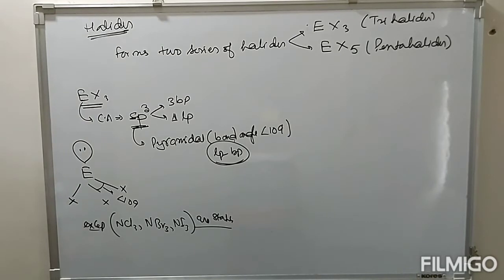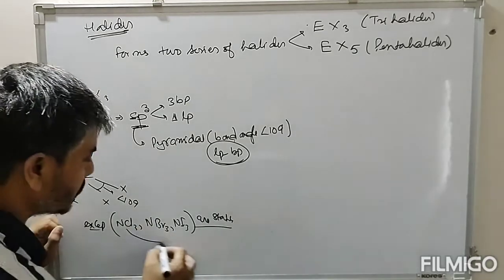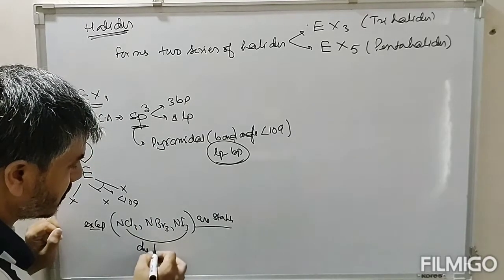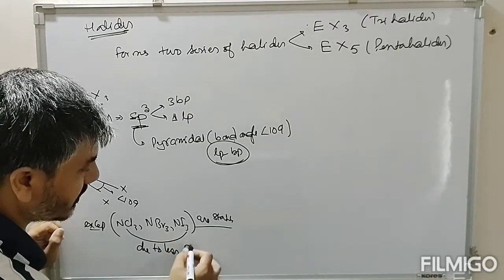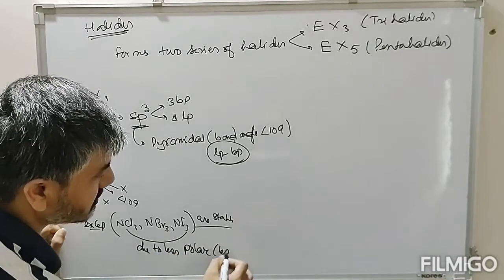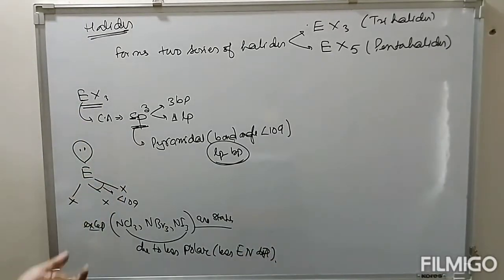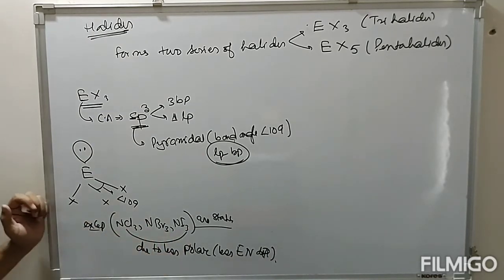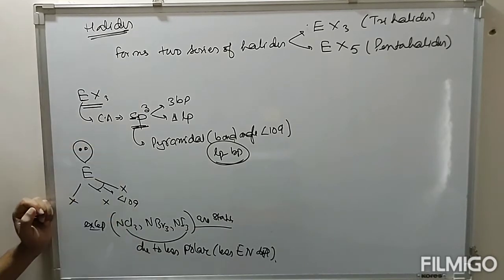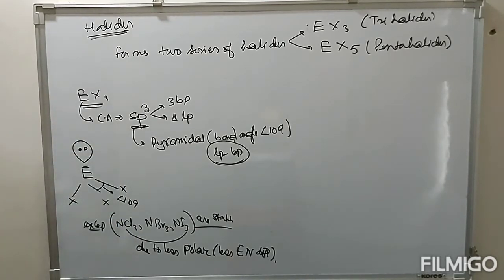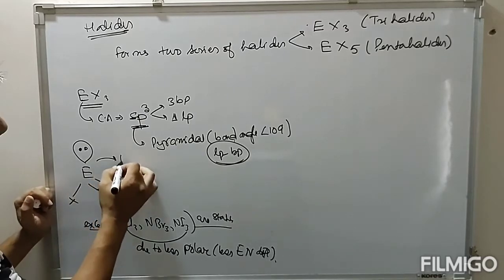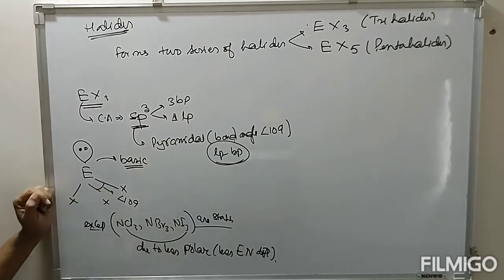So the instability of these three halides of nitrogen, that is NCl3, NBr3 or NI3, is due to less polar character or less electronegativity difference. Because of this, these are less stable. And if you look at this, all these halides contain a lone pair. So because of this lone pair, these are basic in nature.